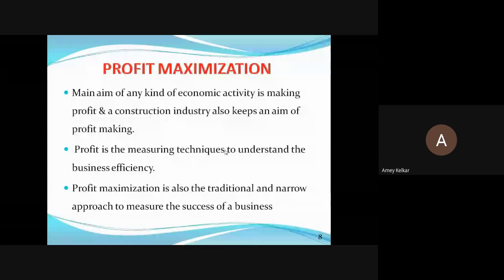The traditional approach says the higher the profit, the better you are. But today an industrialist or a businessman carries social responsibility also. The more social work he does, the more he does for society, that also counts toward the business reputation. So it is not only profit maximization, which is why I used the word narrow approach.